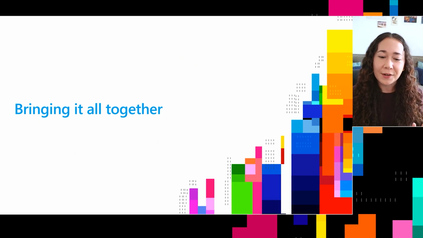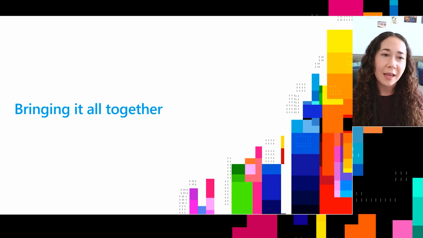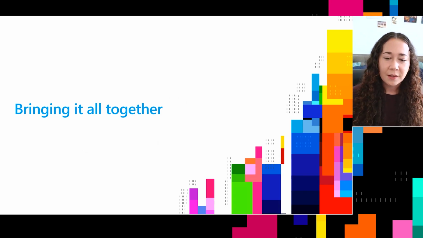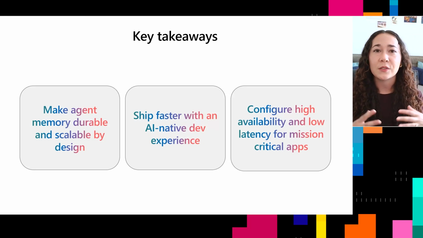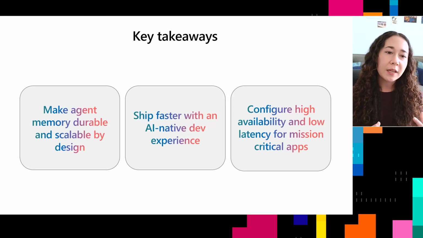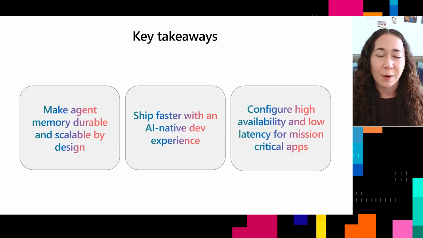So we covered a lot today, and I really want to bring it all together with some key takeaways to keep in mind. First, make sure that your agentic applications have durable memory and that they're scalable by design. Remember the different memory types that enable your agents to give better responses.